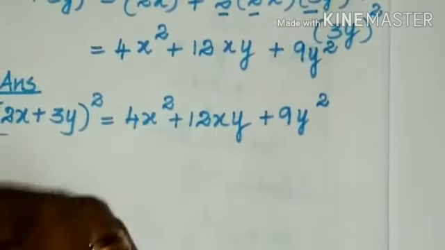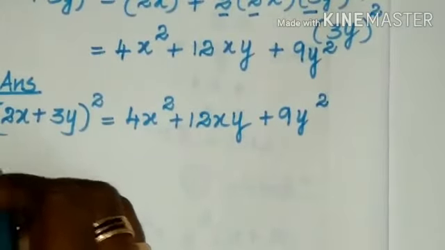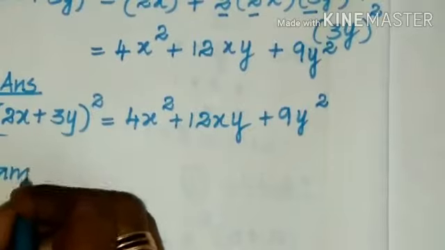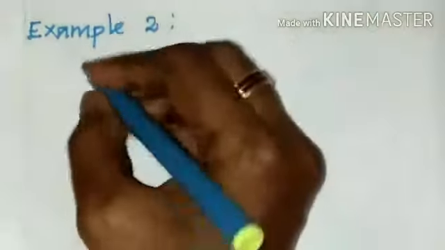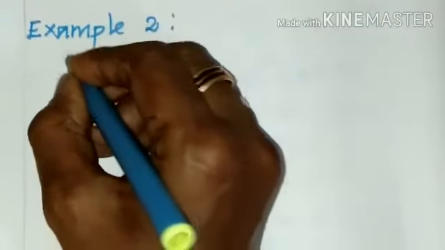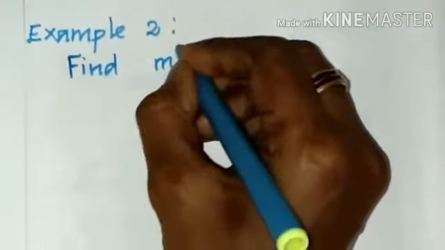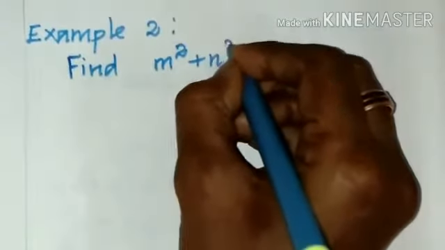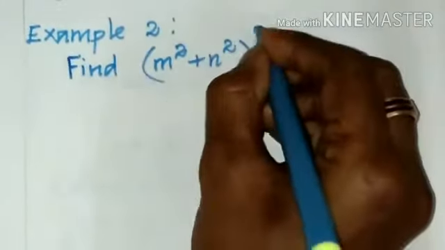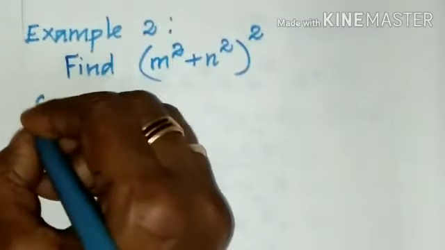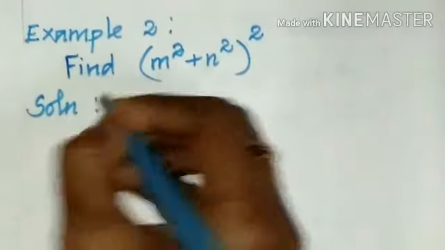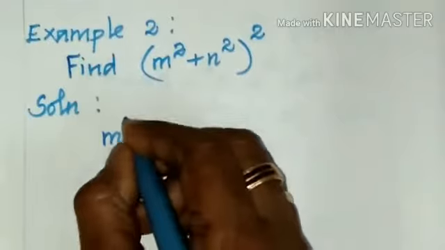Then come to the next sum, example 2. Find m square plus n square the whole square. So here we have to apply the identity a plus b the whole square.